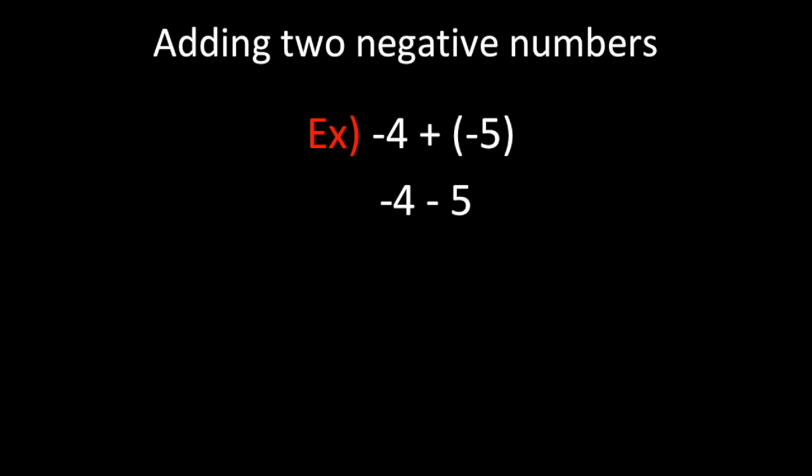So first you have to reduce this sign. Whenever you have a positive and a negative sign next to each other, it gives you a negative. Now it becomes adding two numbers with the same sign. So like we did before, you add the numbers, you keep the sign because the signs are the same. So in this case, it's negative 9.